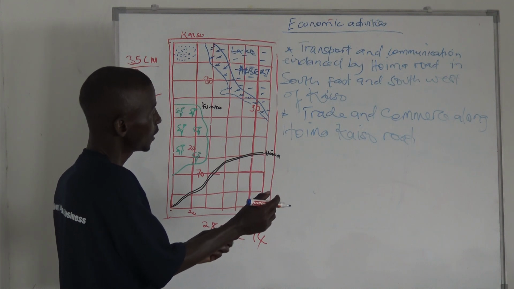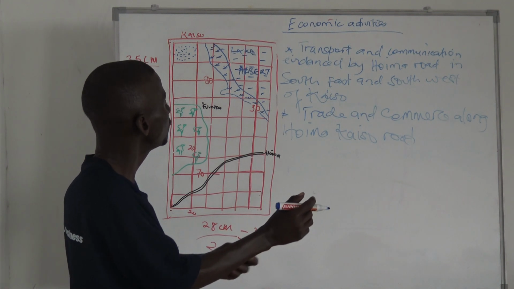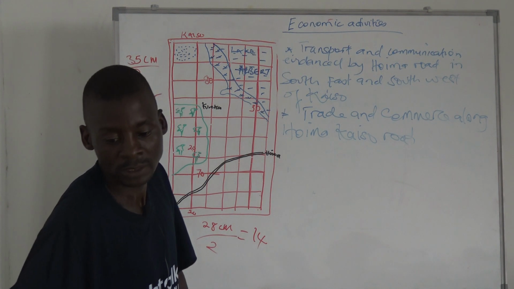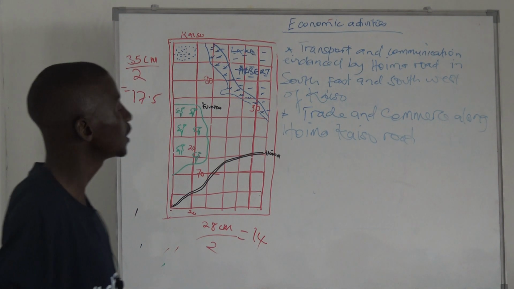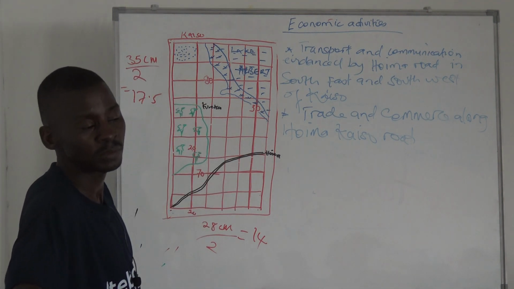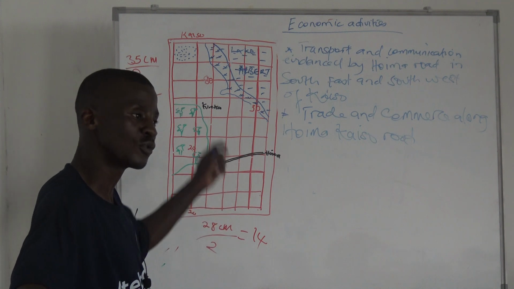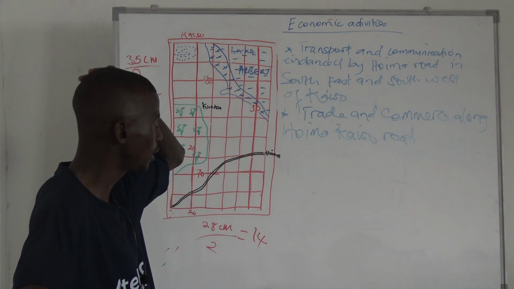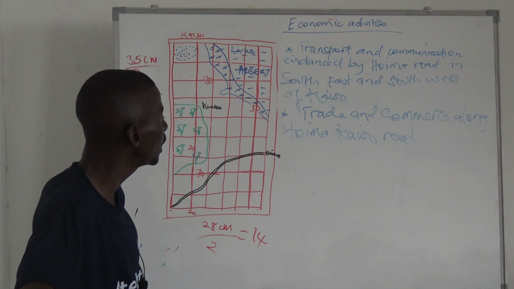So whenever you see a road, we are sure that along any road there is also trade and commerce. However, the other evidence for trade and commerce could be a trading center. Sometimes in other map extracts, you'll find areas with big trading centers, indicated by the letters TC. Such areas are also areas of big trade and commerce.